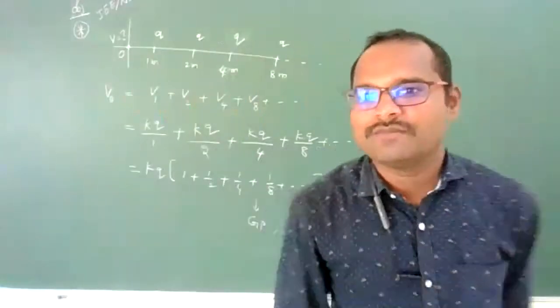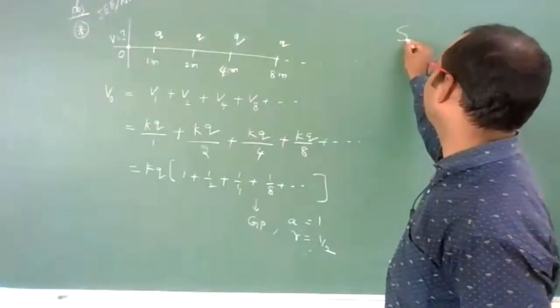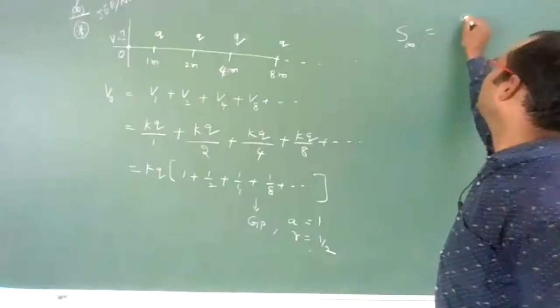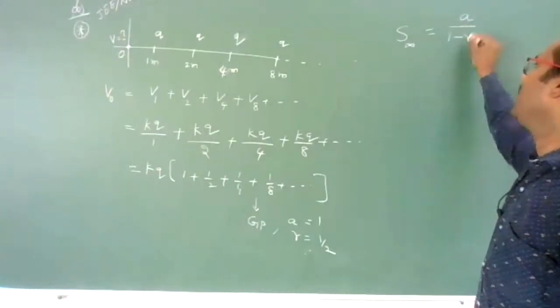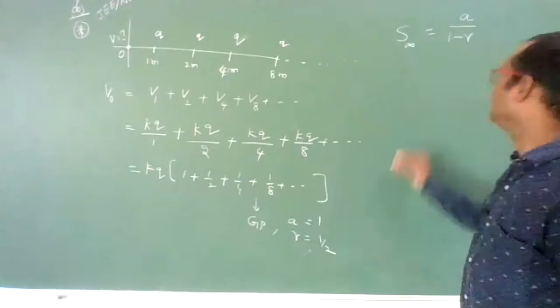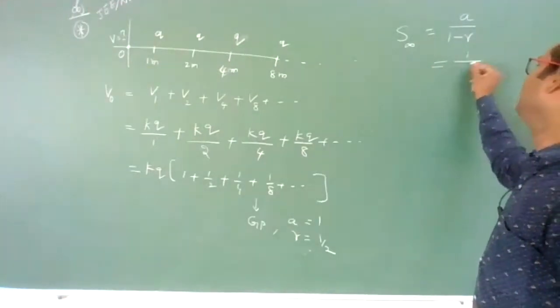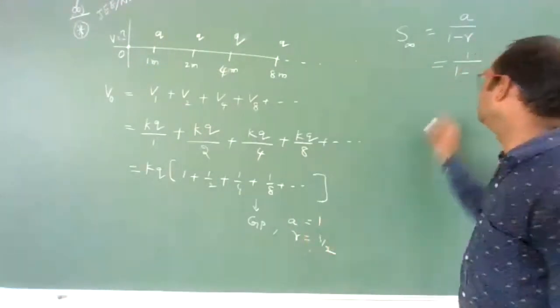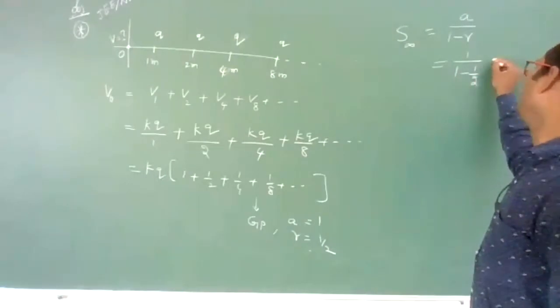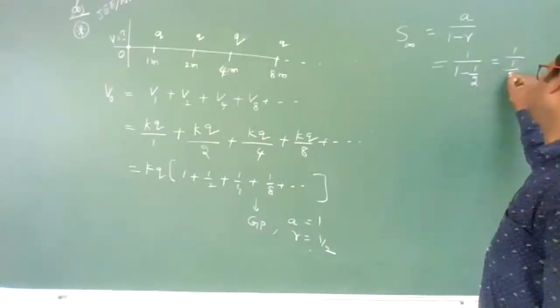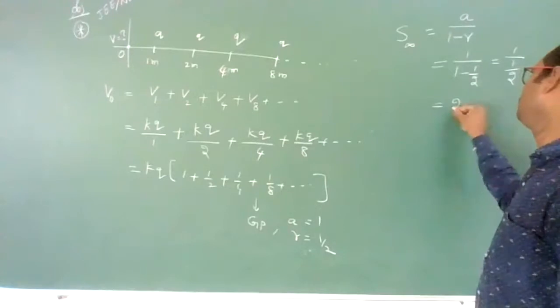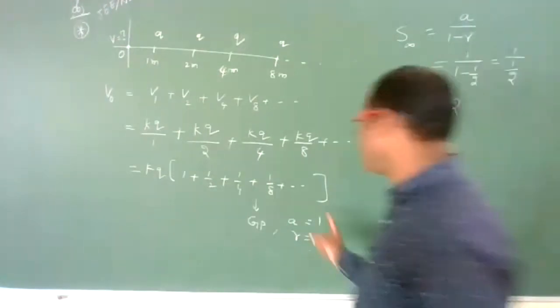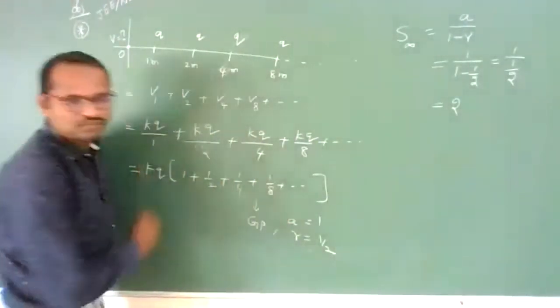Then what is the formula for the sum of infinite terms in GP? A divided by 1 minus r. Here A is 1 and r is 1 by 2, so 1 divided by 1 minus 1 by 2, which is 1 divided by 1 by 2. This is nothing but 2. So this total value is 2.